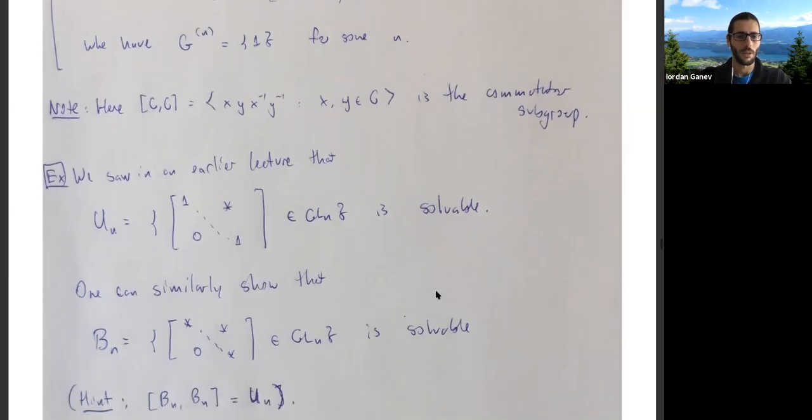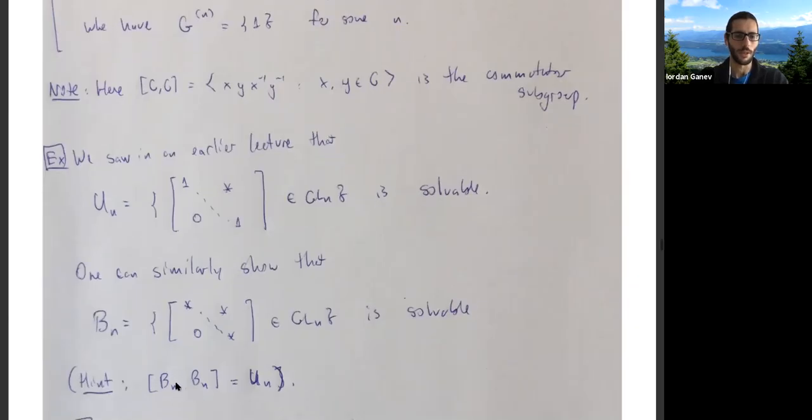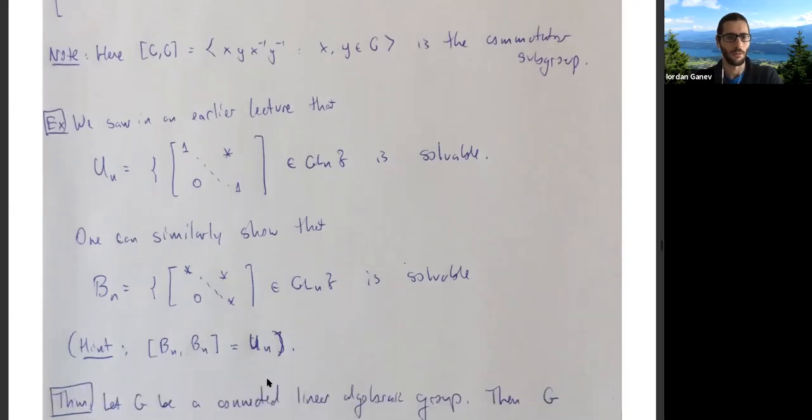You can similarly show that the subgroup of upper triangular matrices is solvable. That's because if you do one step here, taking the commutator subgroup of Bn, you get Un, and once you get a solvable group in that series, you know that eventually you'll get the identity. So the original thing must have been solvable. Okay. So that's solvable.